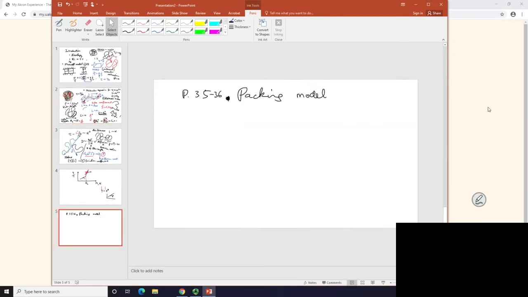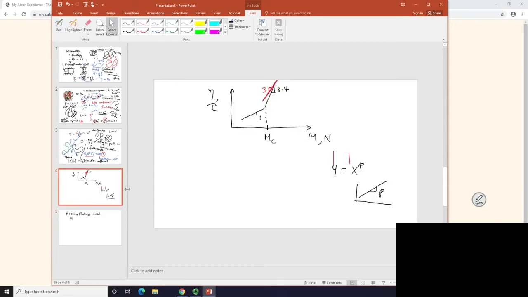So this packing concept is an attempt to answer the question of what this critical molecular weight is. There's a little bit of complication here already. Here, correctly, we use the word MC. There is a critical molecular weight beyond which all of a sudden viscosity changes very fast with molecular weight.